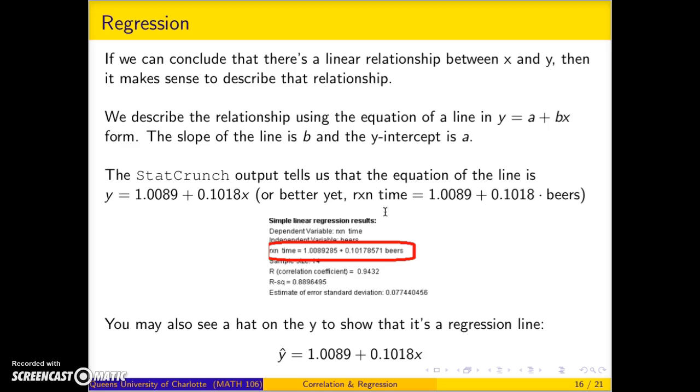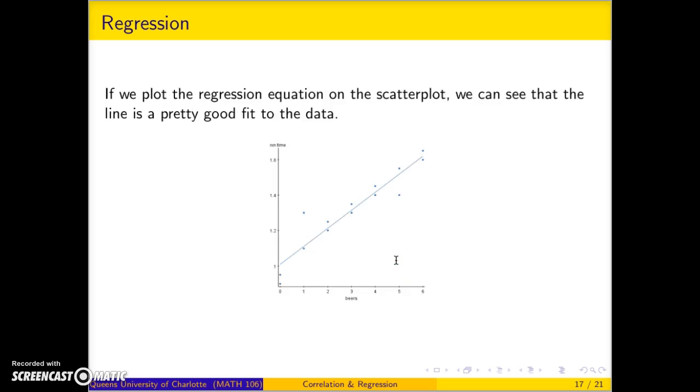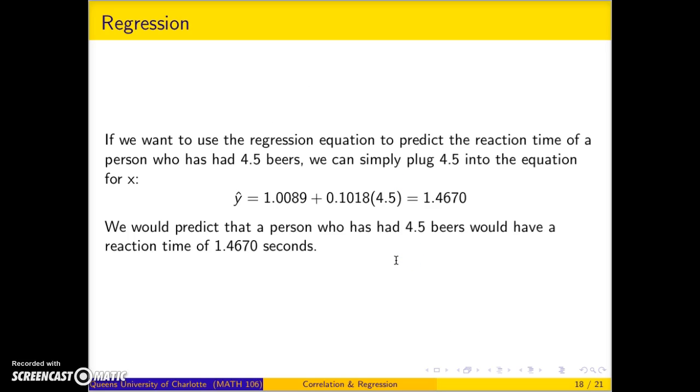So if we went back to the equation, it was this and then beers. We just plug 4.5 into that. And then we get 1.4670 as our answer. You can also do this in StatCrunch, and I did show in one of the example videos how to do this, but it's not hard just to plug in as well.